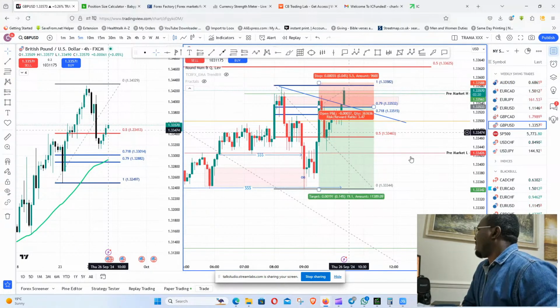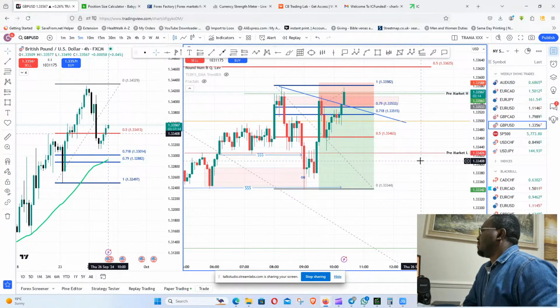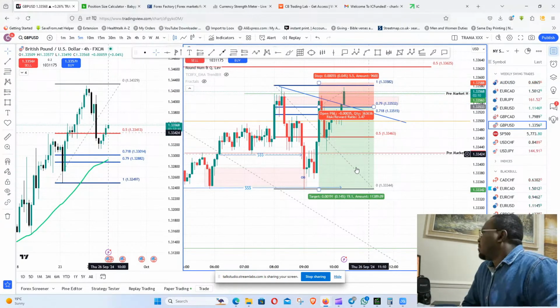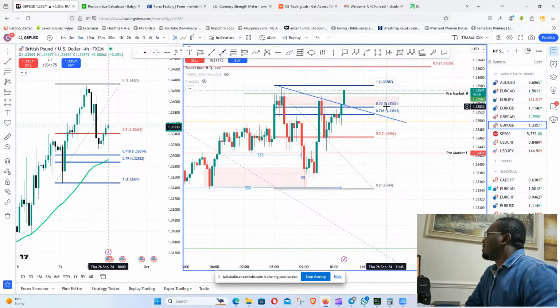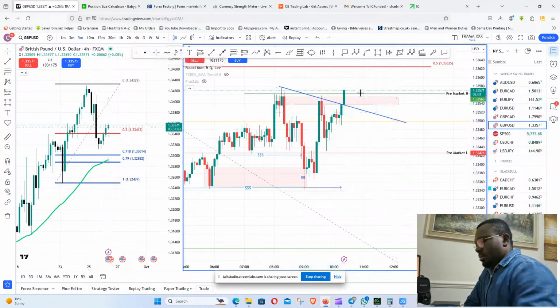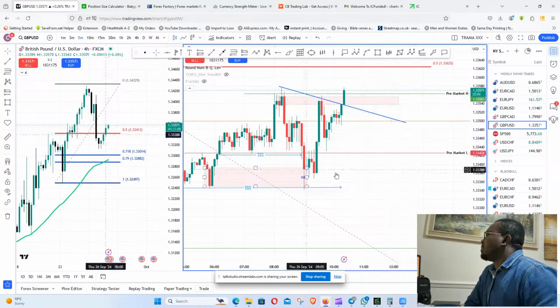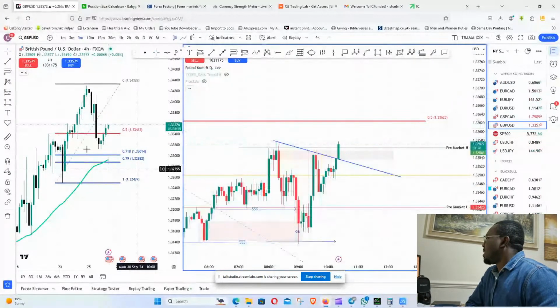I've closed the trade, so I'm no more looking at that trade right now. So that failed. So the next thing is to wait for price to push higher now.